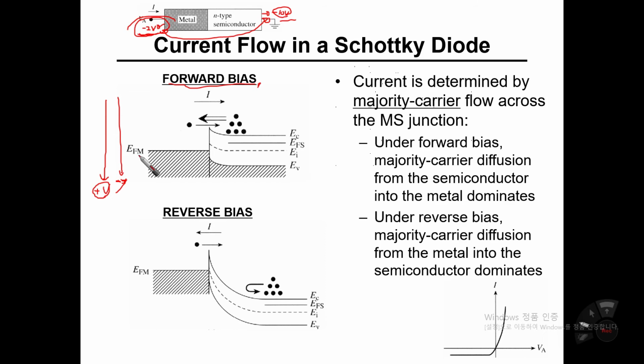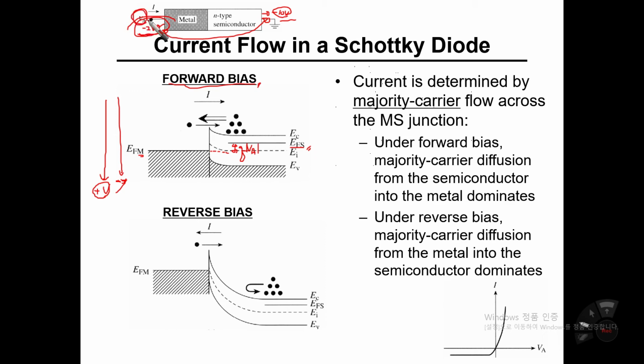Now on the metal side, I have applied a higher voltage with respect to the voltage applied onto the semiconductor part. So this Fermi energy level difference is equal to Q times V sub A, the V sub A that I have applied.